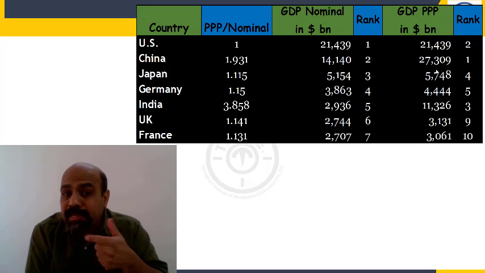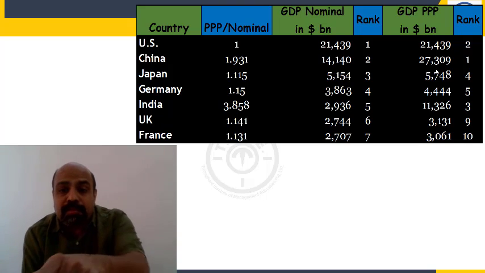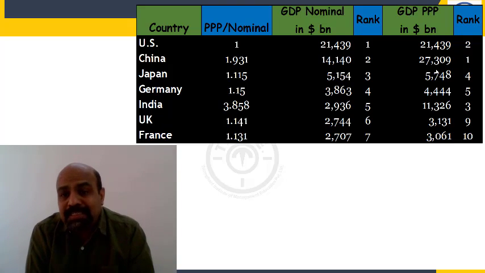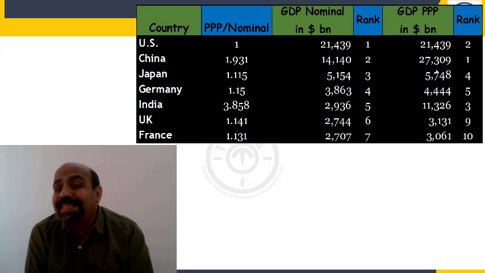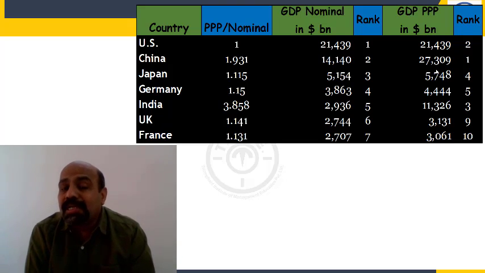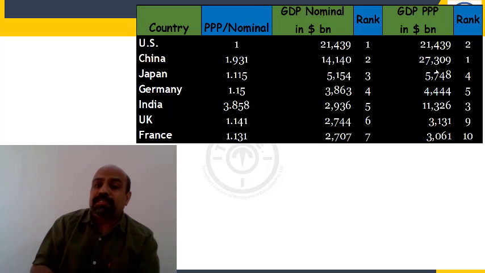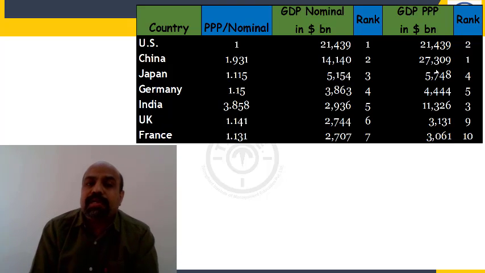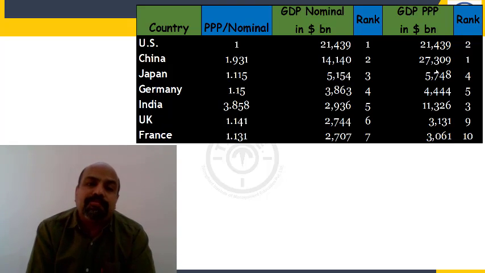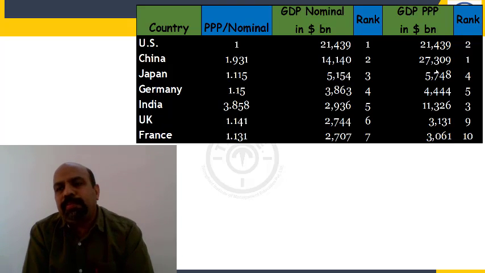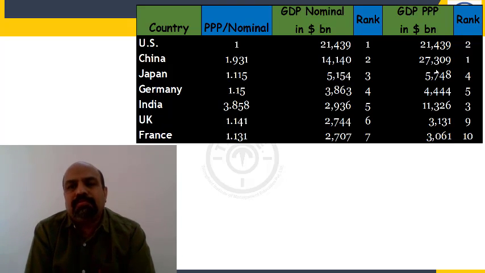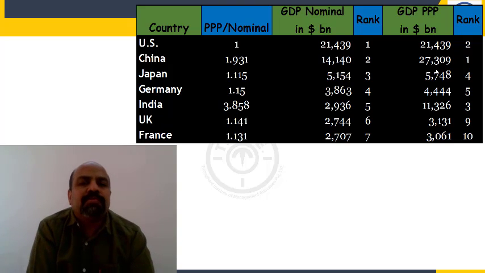But look at India now. What does it say? The PPP rank is 5. The nominal is 2.93, yes, but in PPP terms it goes up to 11.3 trillion dollars, $11,326 billion, because the conversion factor is $1 into 3.85. There is a certain way to get this number, but almost no exam in India would ask.